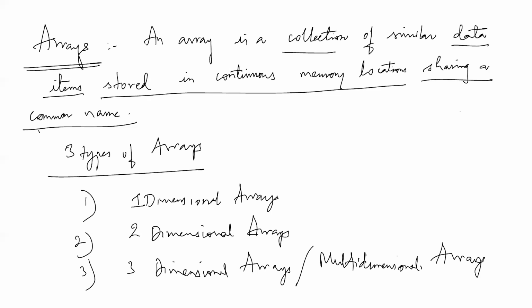Under non-primitive data structures, we have 2 types: linear and non-linear.